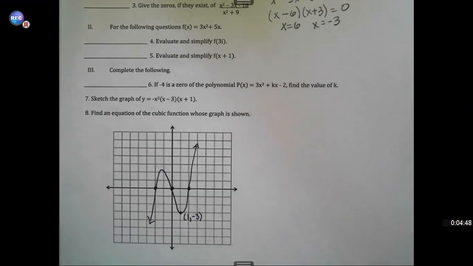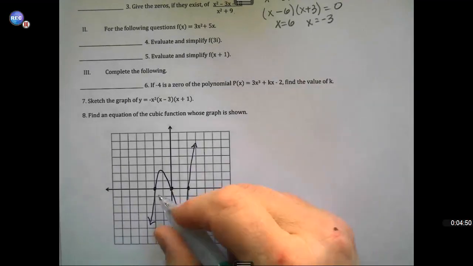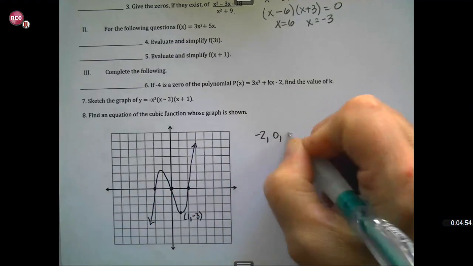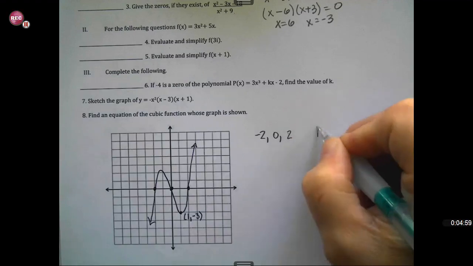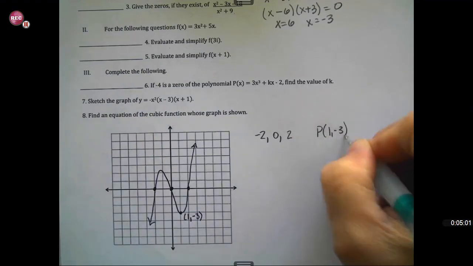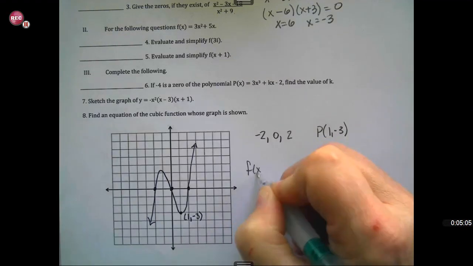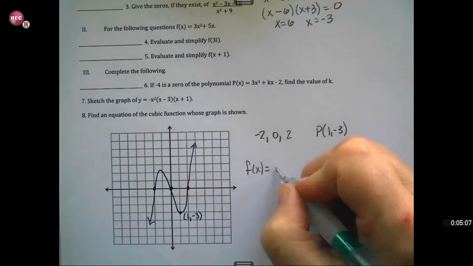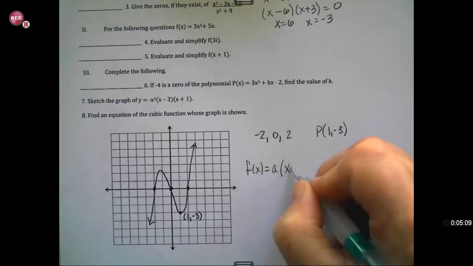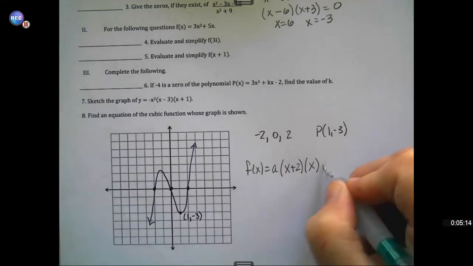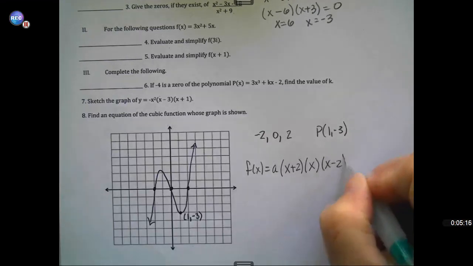So on this one, looks like my zeros are at negative 2, 0, and 2. And it passes through the point 1, negative 3. So f of x equals a times the quantity x plus 2 times x times the quantity x minus 2.